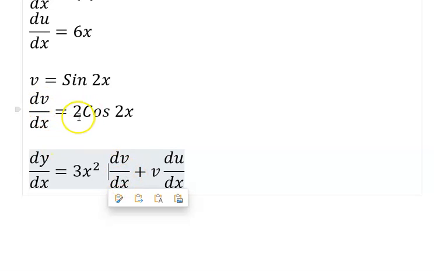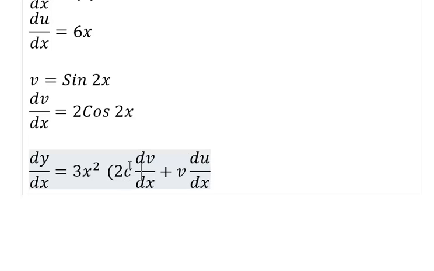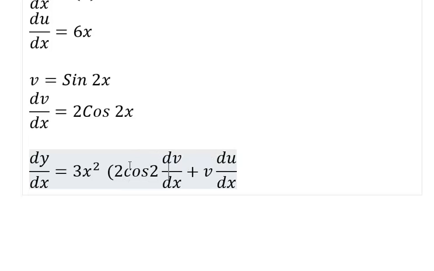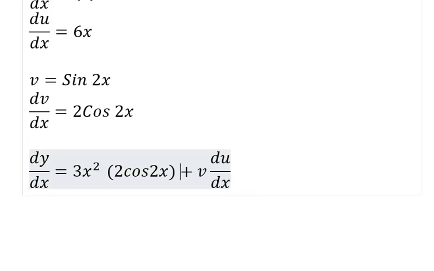So what's our dv dx? This is our dv dx, 2 cos 2x. That's our dv dx. So what's our v?